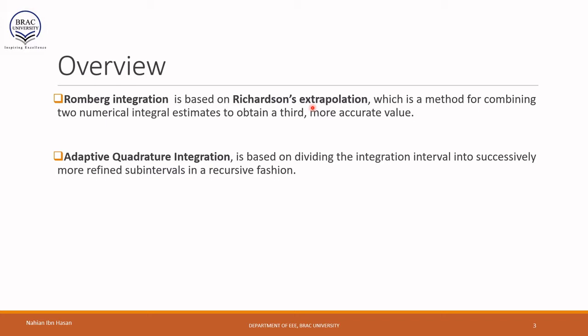In those segments we can apply segments which have a larger width, but in those areas where the function has larger peaks, we have to use smaller segmented portions, and that's the definition of adaptive quadrature integration. It dynamically changes the step size or the width of the segments.